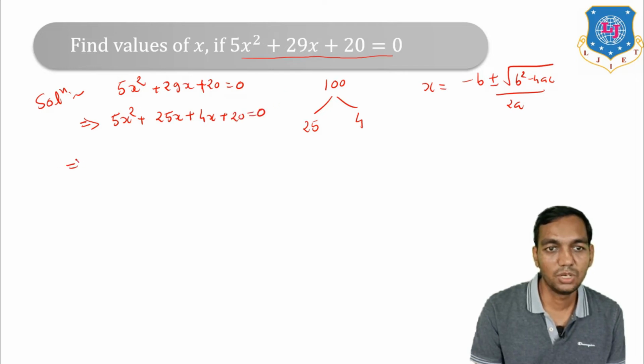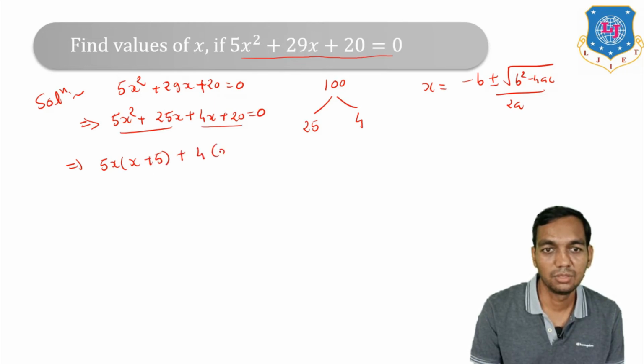Correct? So we are going to pair these two. From the first one 5x common out and you have x plus 5. From the second one 4 common out and you will get x plus 5. So x plus 5 will be common out from both of them and the second part will be 5x plus 4.